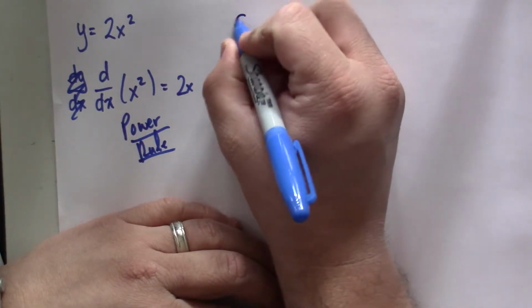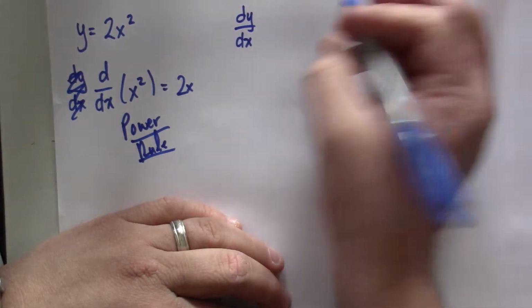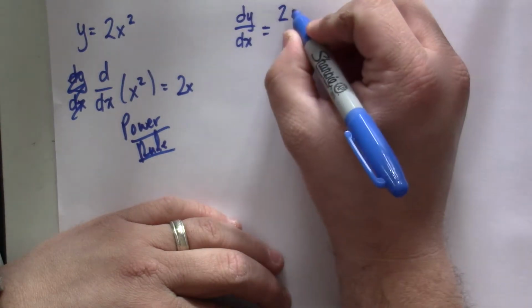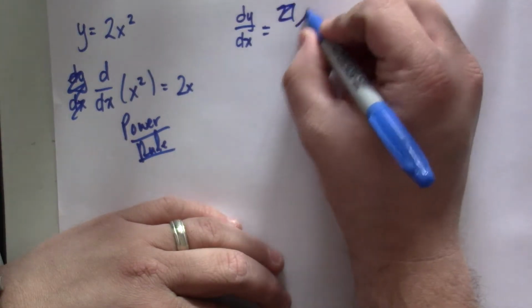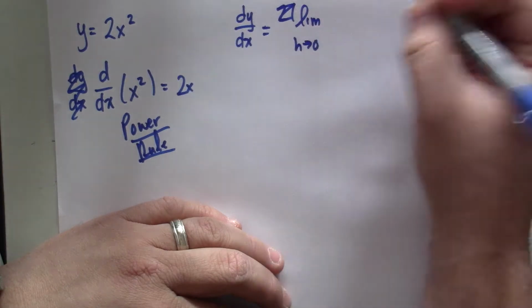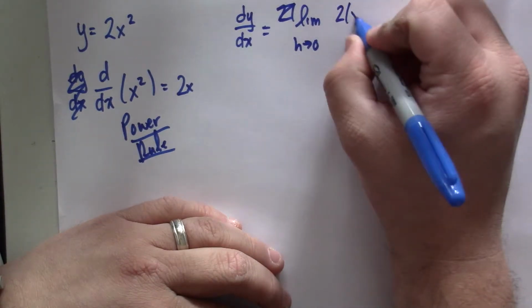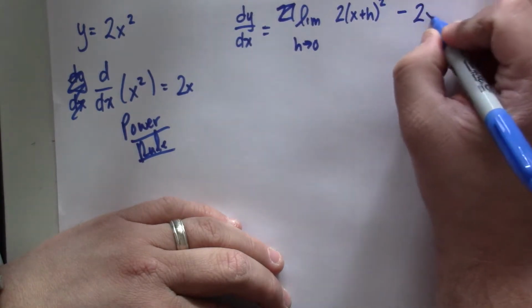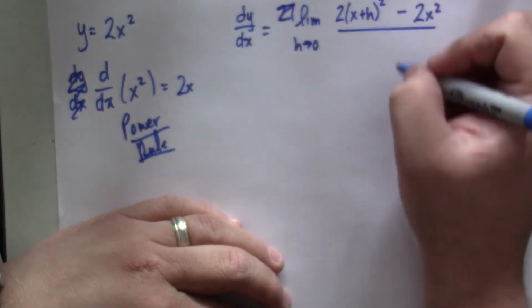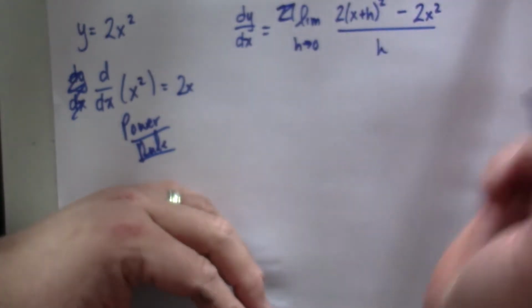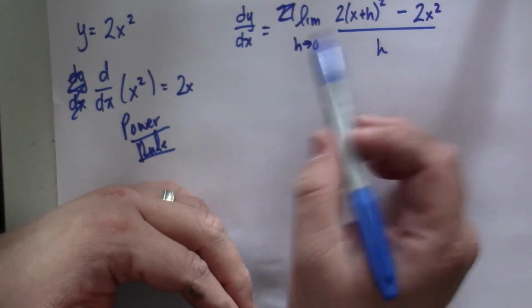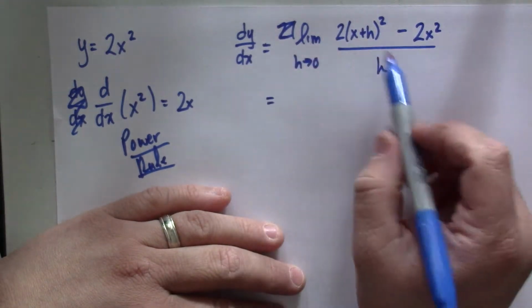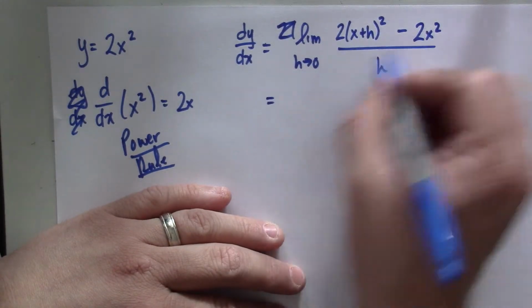If I want dy/dx, where y is 2x squared, that gives me the limit as h goes to 0 of 2 times (x plus h) quantity squared minus 2x squared, over h. Now, if I am careful here, I'm going to cheat a little bit, factoring out this 2.